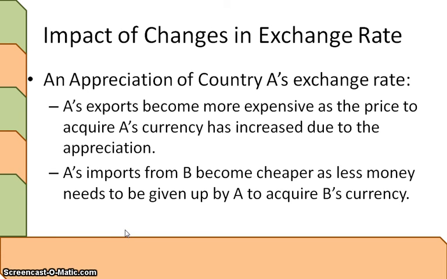Also, when country A is importing from country B, the imports become cheaper, because with an appreciation in country A's exchange rate, the exchange rate for country B would depreciate. It means it's now cheaper, right? Because less money needs to be given up by the citizens of country A to acquire country B's currency. Or put it this way, for 1 unit of country A's currency, more of country B's currency can be acquired.